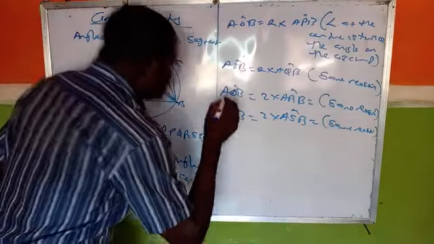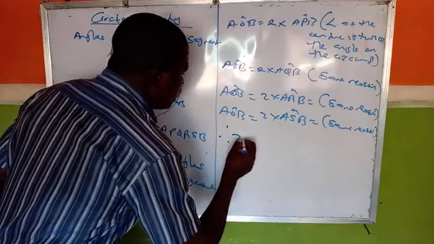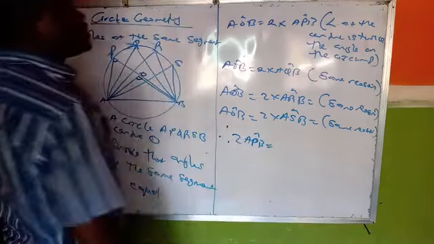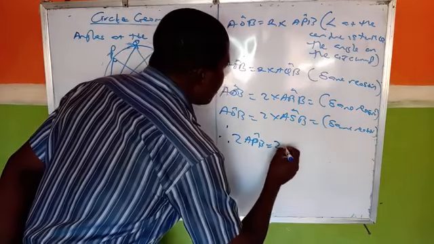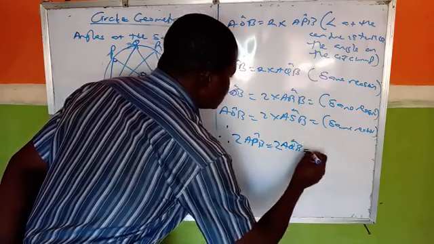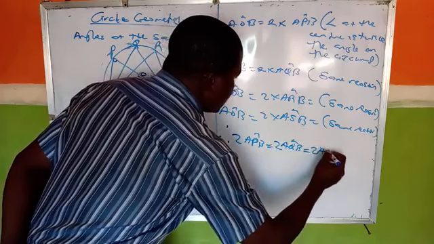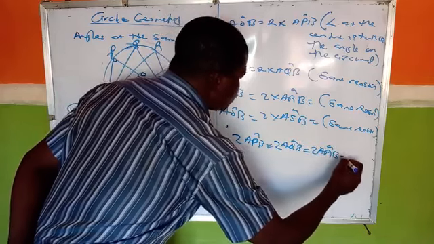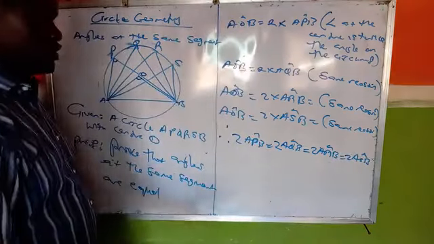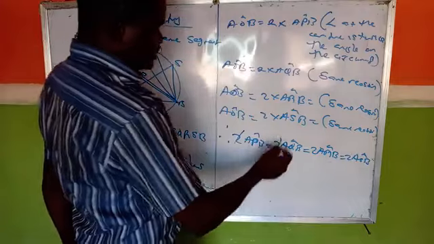So therefore, 2APB is equal to 2 times AQB is equal to 2 times ARB is equal to 2 times ASB. So what you have here is this.